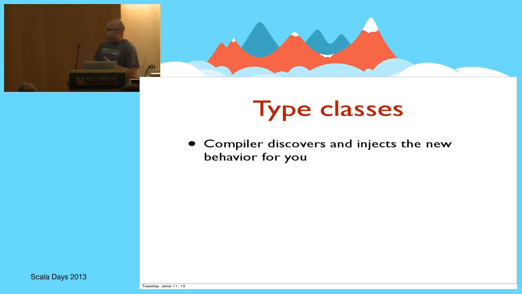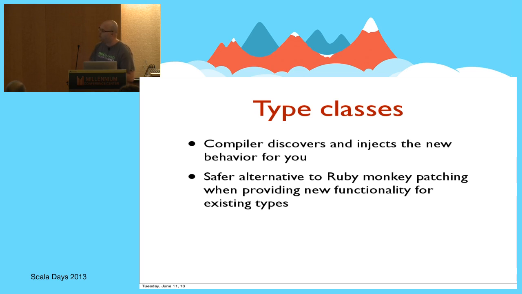Basically, at the code level, you say that this method relies on this other chunk of functionality, and the compiler figures out and discovers how to marry that functionality for the type that needs these methods at compile time and provides an instance of it for you. So I think it's a much safer alternative to Ruby monkey patching when you're adding new functionality.